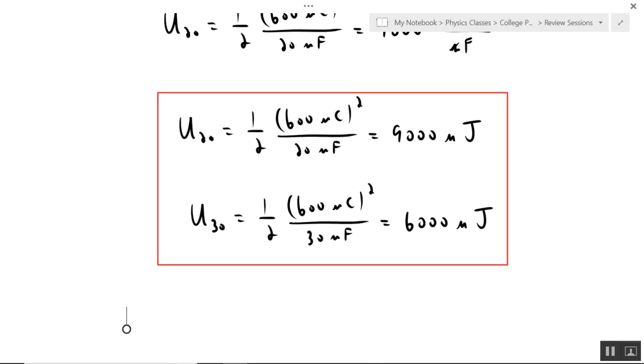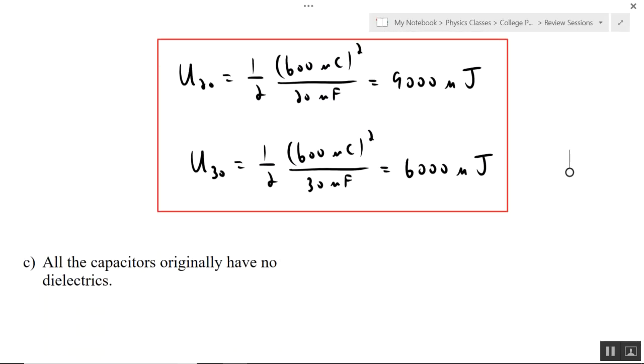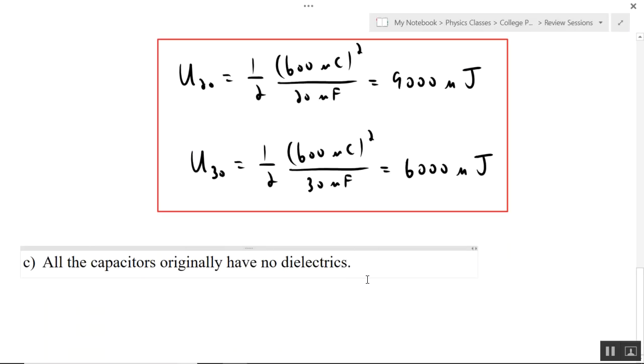All right, suppose all these capacitors had no dielectrics originally. Okay, so suppose the 25 microfarad capacitor, I'm just going to pick one of them, it doesn't matter which one, is charged, right, to the value that we found in the last two parts.